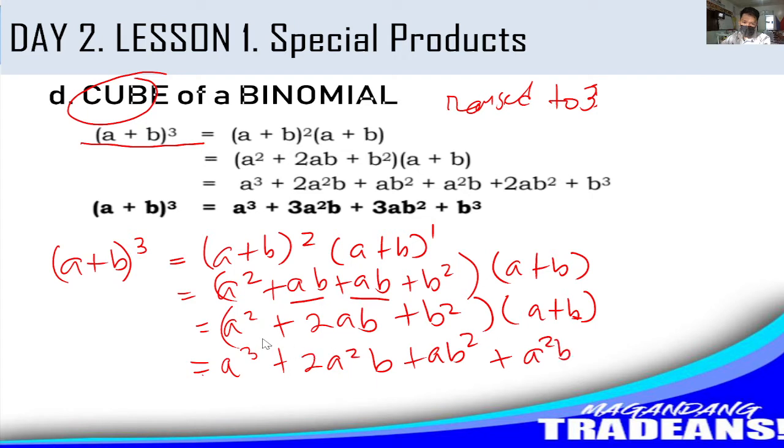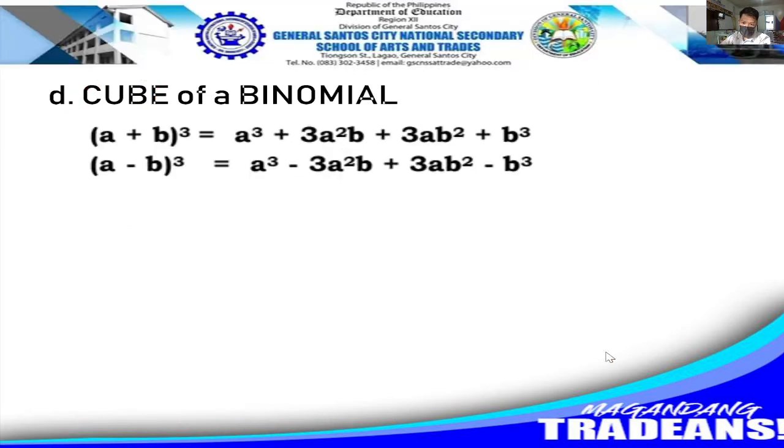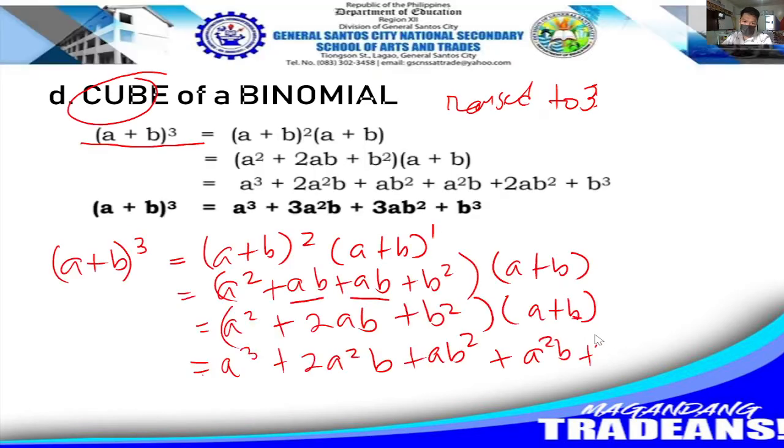Next, 2ab times b, that is 2ab squared. Then b squared times b, that is b cubed.